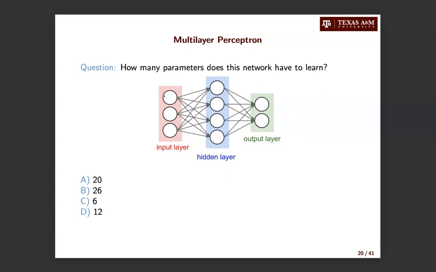The input layer and the hidden layer are connected by a number of weights, which is 3 times 4, because each of the inputs is connected with each node of the hidden layer with different weights. So 3 times 4 means 12 weights. Similarly, the hidden layer and the output are connected with 4 times 2 equals 8 weights.